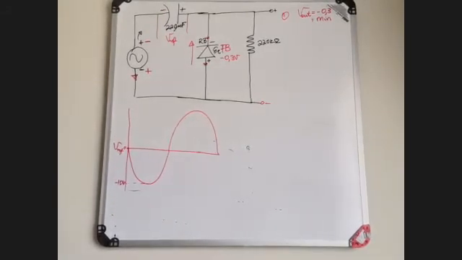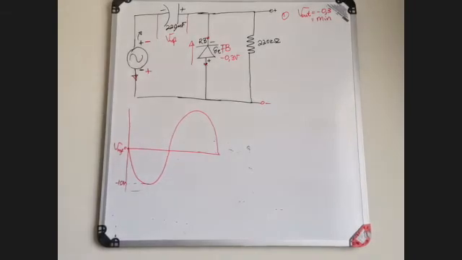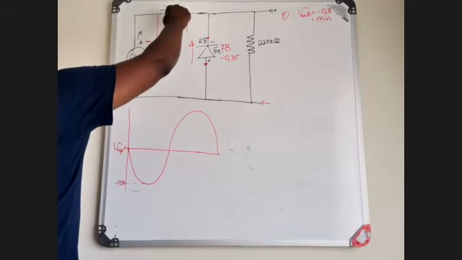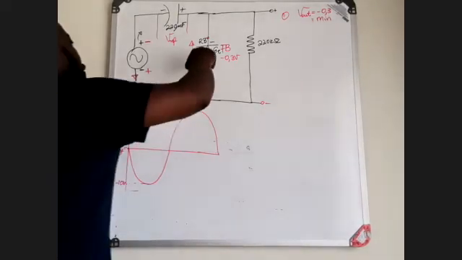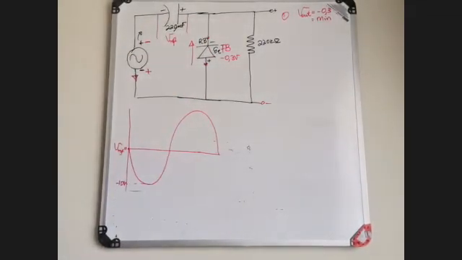The moment you forward bias this component here, you're going to store charges within the capacitor, because you will have continuous current flow. But if you don't have continuous current flow, you cannot store charges within that component.